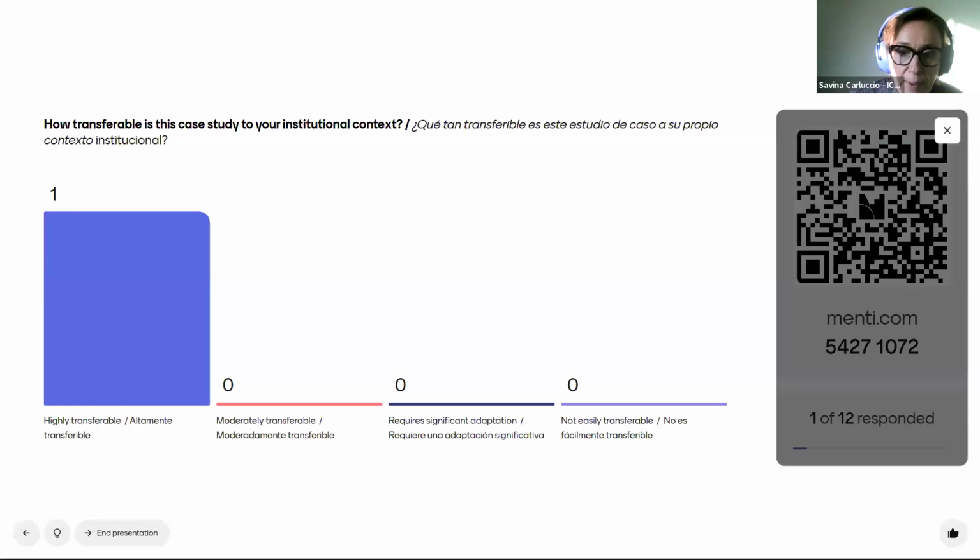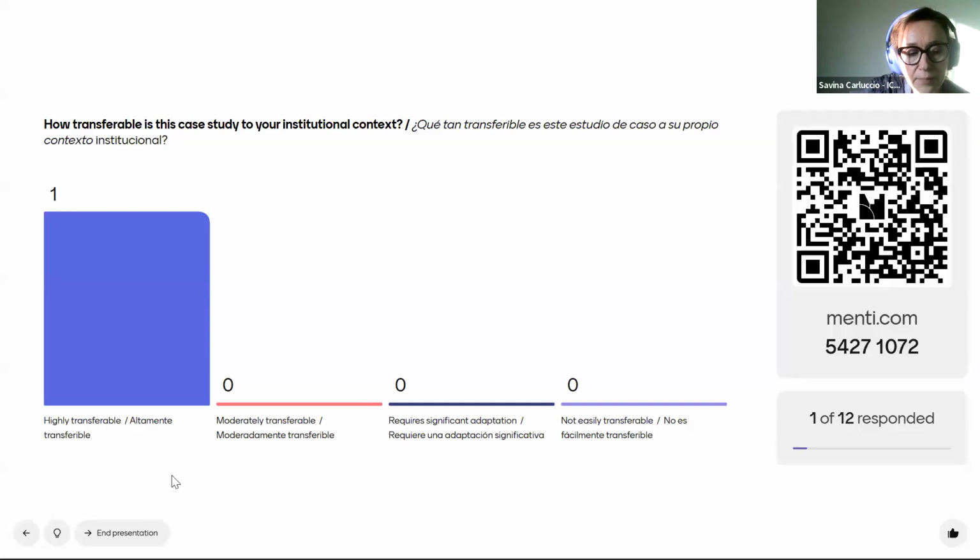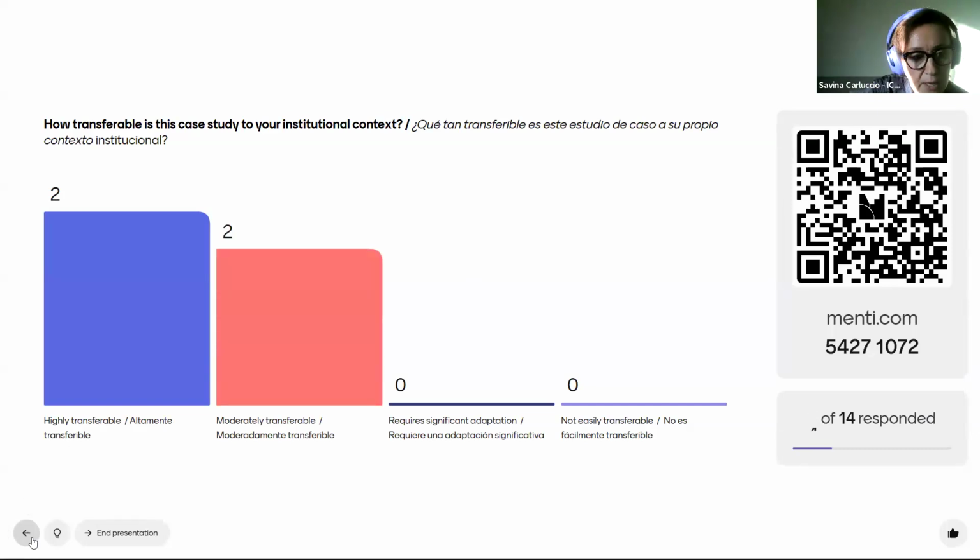Let's do the Menti first, because the Menti survey will just get us warmed up to provide feedback to you. Then we ask the questions first, and then ask the questions to you afterwards, and we also have discussion questions to be used in the rest of the time today.